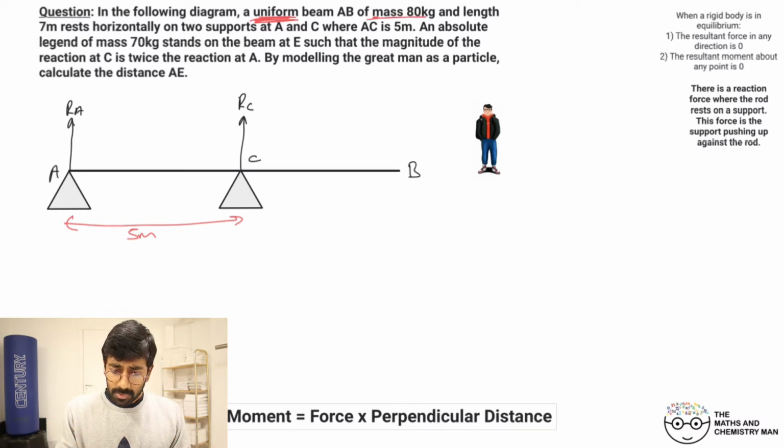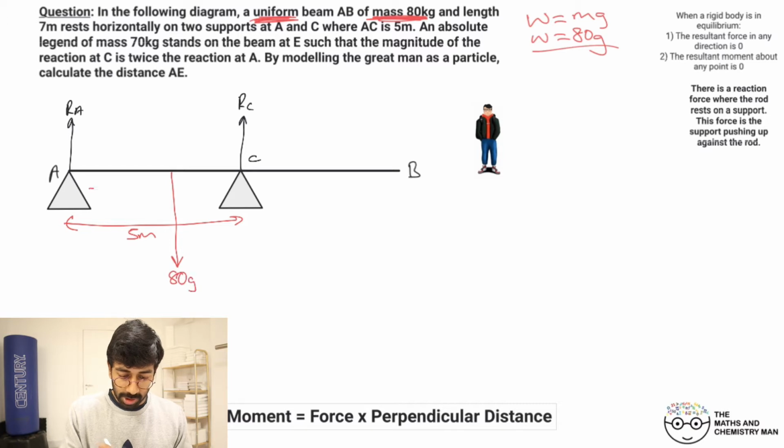Now, they have given us mass, so don't be tricked here, because we've got to turn mass into weight. Weight is equal to mass times gravity. So for us here, weight is going to be 80g. So we need to put 80g at 3.5 meters. I'm going to say that's about here, 80g. And if that's 3.5 meters, that means this distance on the right should be 1.5 meters.